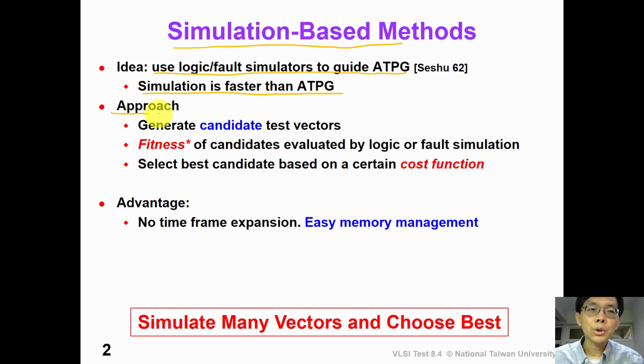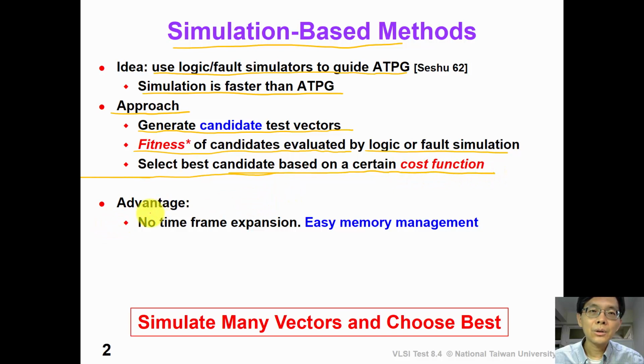The basic approach of this method is that we first generate a bunch of candidate test vectors, and the fitness of these candidates will be evaluated by logic or fault simulation. And then we select the best candidates based on a certain cost function.